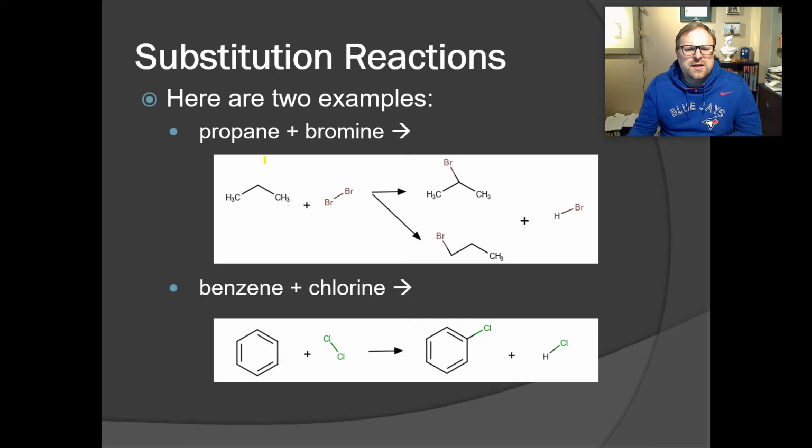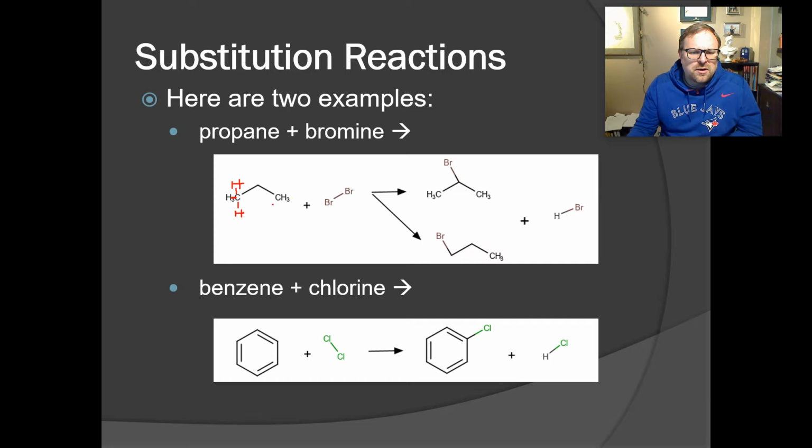So this is an example here where we have propane, three carbons in a row, so that makes it propane, only carbon-carbon single bonds. We're going to remember that there'd be an H here and an H here, right?